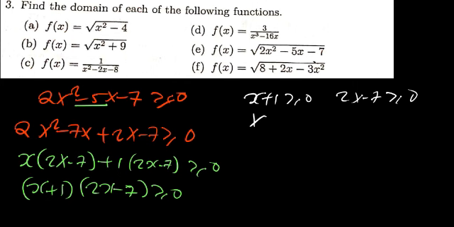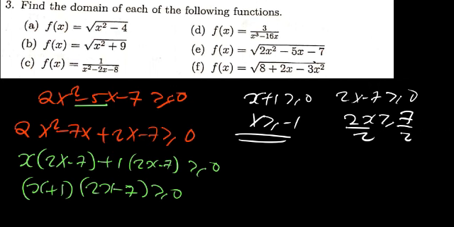So x will be greater than or equal to negative 1. Then here it will be 2x greater than or equal to positive 7, not negative 7. Divided by 2, divided by 2, x is greater than or equal to 7 over 2.